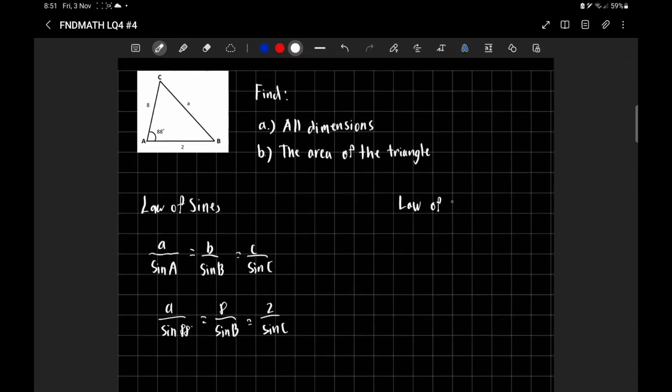Law of cosines. The law of cosines states that the square of a certain side, let's say a squared, is equal to the sum of the squares of the remaining sides, b squared plus c squared, minus twice the product of the remaining sides times the cosine of the angle between the two remaining sides.